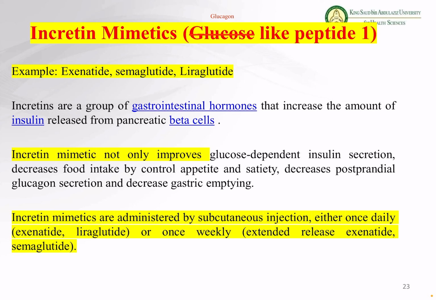CR stands for controlled release. If you remember, I showed you some pictures in medication safety also. Controlled release means this drug is sufficient for days because it slowly releases into the blood.